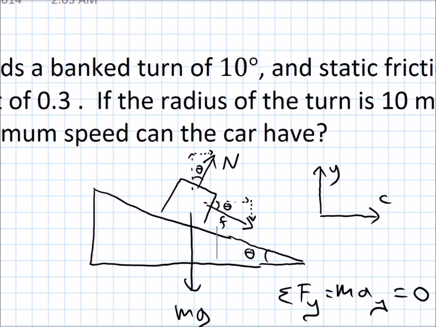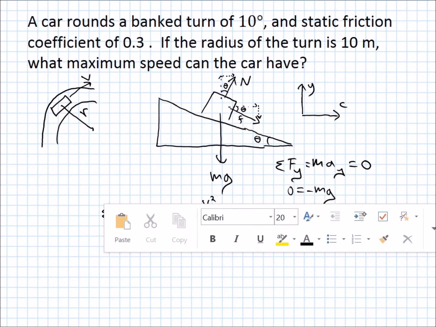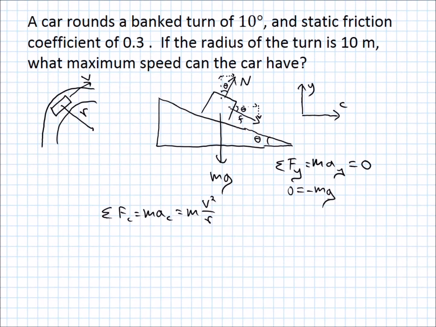Okay, so here we left off with 0 equals negative mg in the y direction, plus the y component of n, which is n cosine theta, and then minus the y component of friction, since it's pointing down, which is friction times the sine of theta.